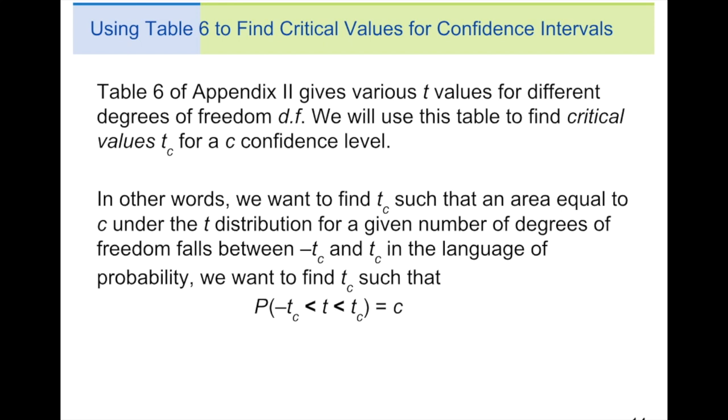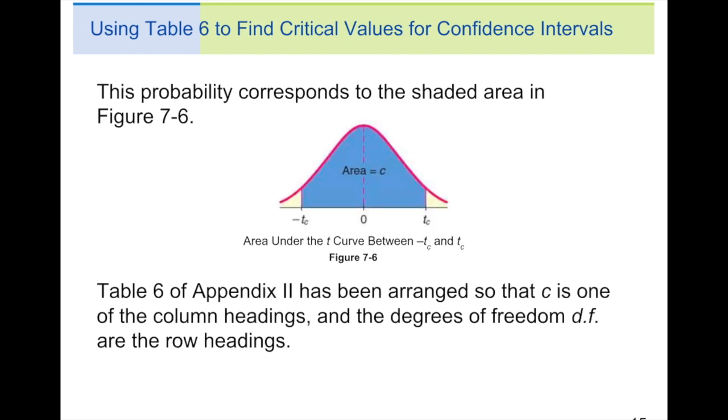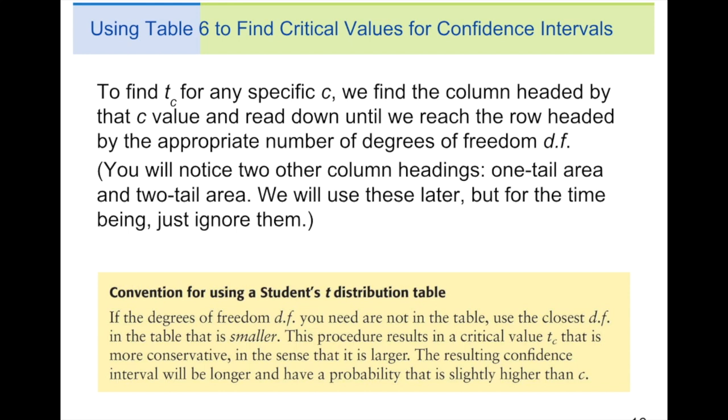In the language of probability, we want to find t sub c such that the probability that t is between those two is c. This probability corresponds to the shaded area in this figure. Table 6 of Appendix 2 has been arranged so that c is one of the column headings and the degrees of freedom df are the row headings.